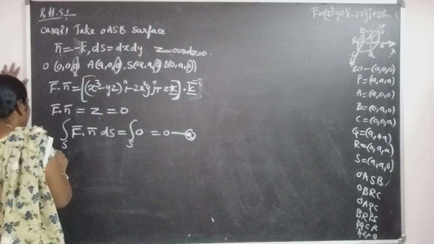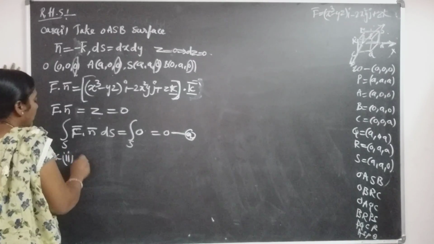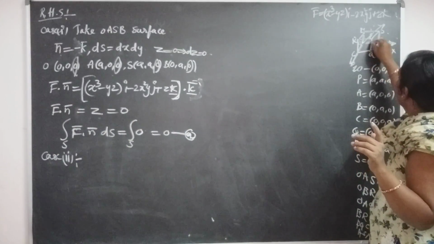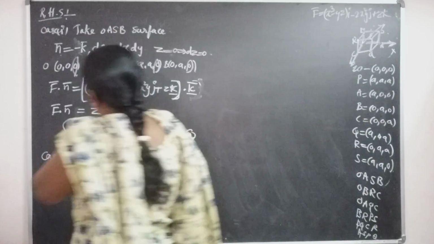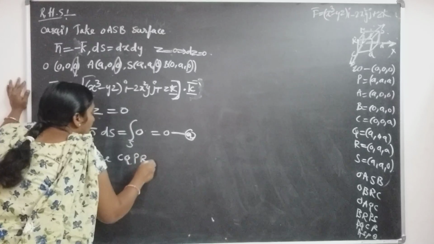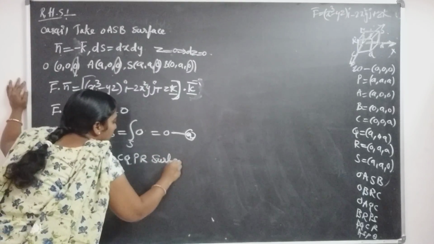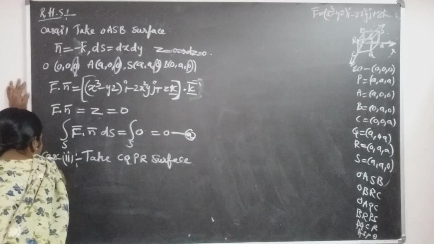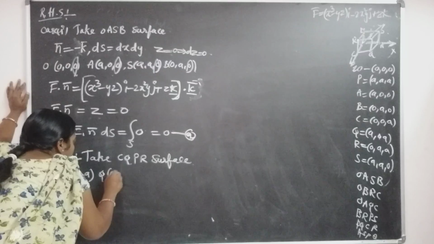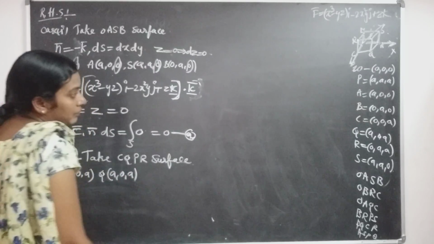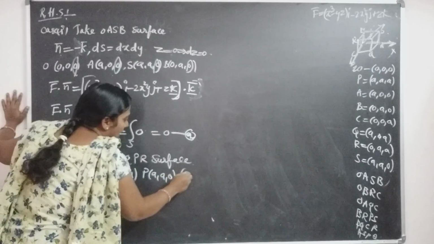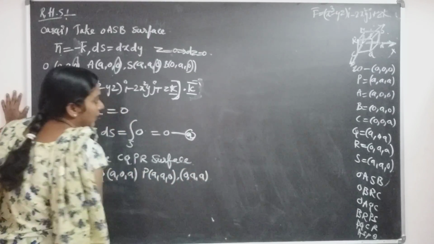Next, case 2. We are taking the same face opposite, that is CQPR. Take the CQPR surface. Here C is 0 0 A, Q is A 0 A, P is A A A, R is 0 A A. Okay.